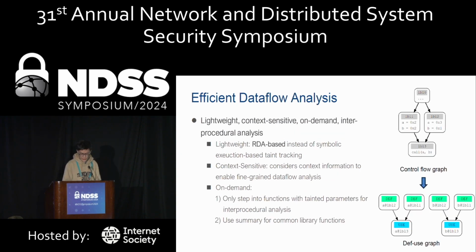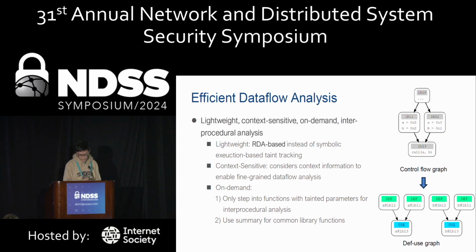HermeScan proposes a unique taint tracking scheme according to 3 principles. The first principle is lightweight. We leverage reaching definition-based taint tracking instead of heavy symbolic execution. And for the input variable of interest, we build a definition use graph, where each node represents a variable definition, and each edge indicates a use after definition.